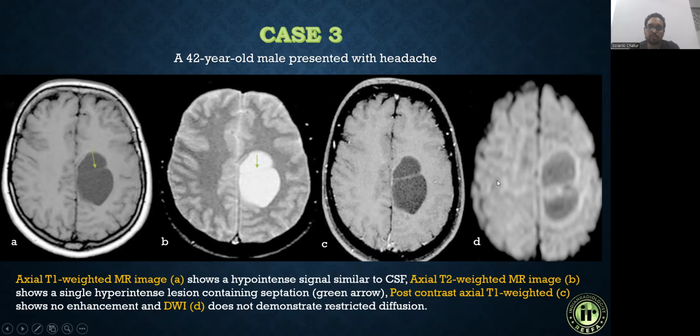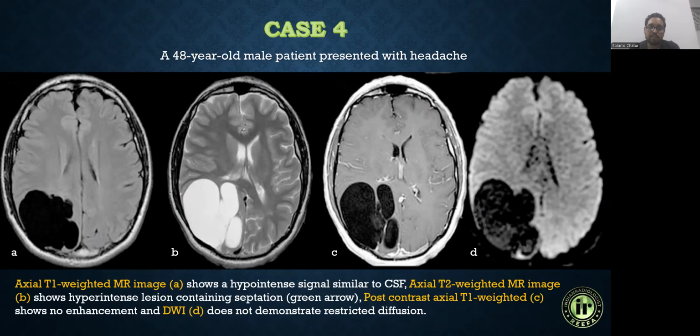Case 3. A 42-year-old patient with headache. Axial T1 weighted MRI image shows hypointense signal similar to CSF. The axial T2 weighted MRI image shows a single hyperintense lesion containing septation, and the post-contrast axial T1 weighted imaging shows no enhancement, while diffusion weighted imaging shows no evidence of diffusion restriction.